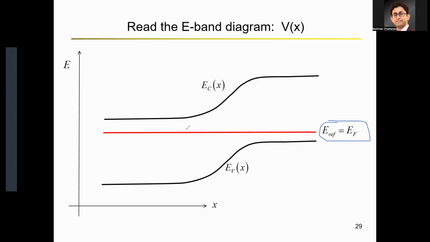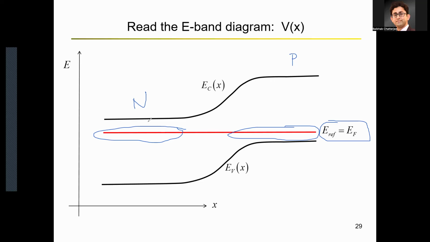Now, the average energy value in the n-type semiconductor, as you see over here, is closer to the conduction band. And the average energy value toward the p-type is closer to the valence band. Why is that? Again, that's because you have more free electrons on the n side. If you have more free electrons, you're closer to the conduction band, because those free electrons can move around. And what does conduction band mean?